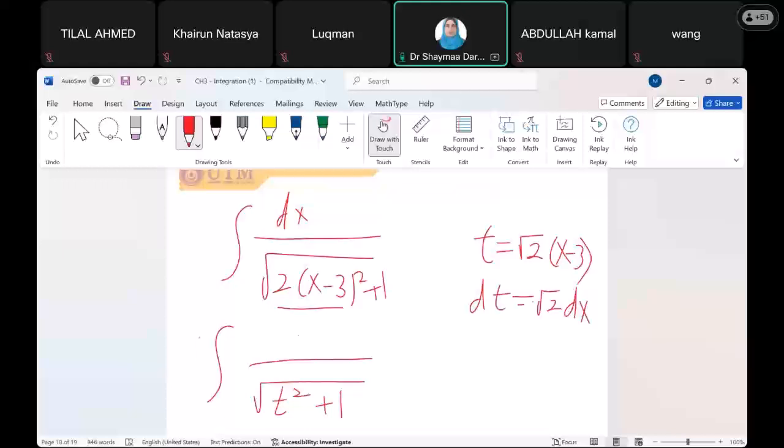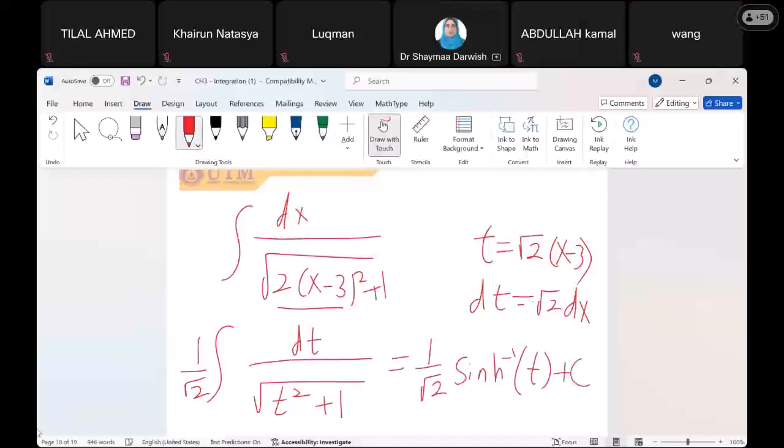So 1 over square root of 2 outside, dt. 1 over square root of 2, dt over square root of t squared plus 1. This is the formula of sine inverse. Here a squared is 1, then a is also 1. So sine inverse t plus constant.